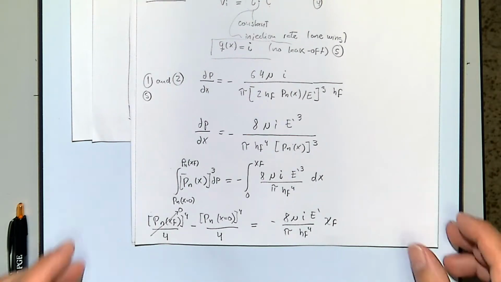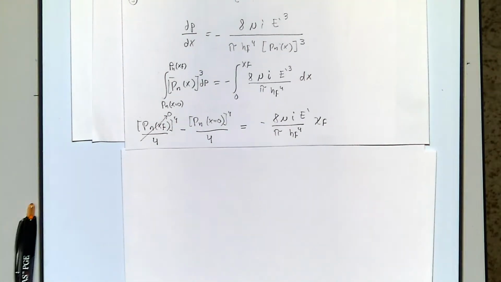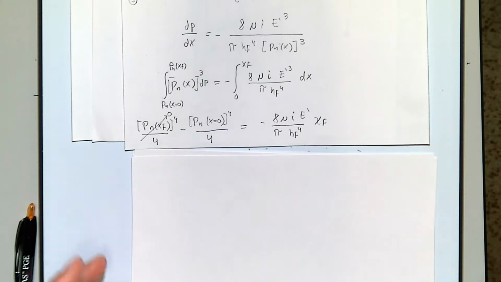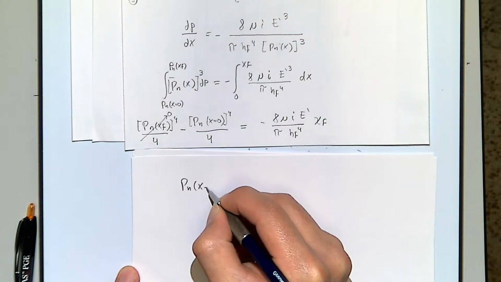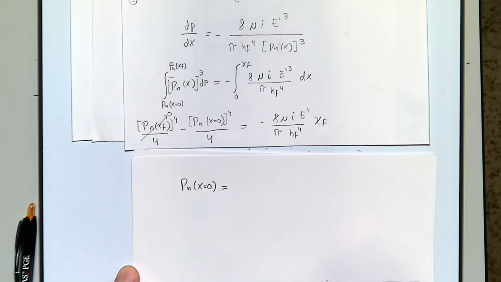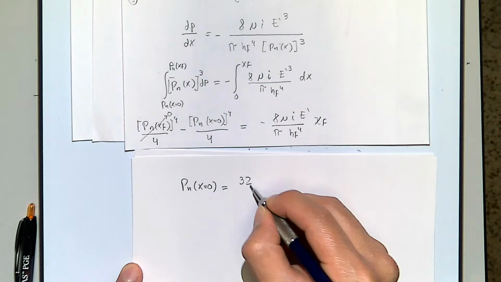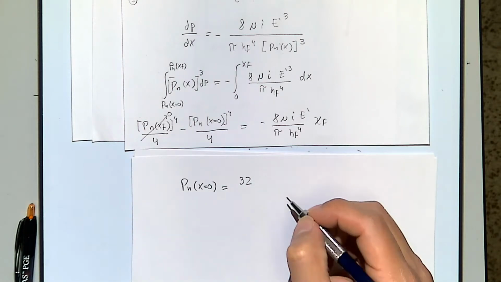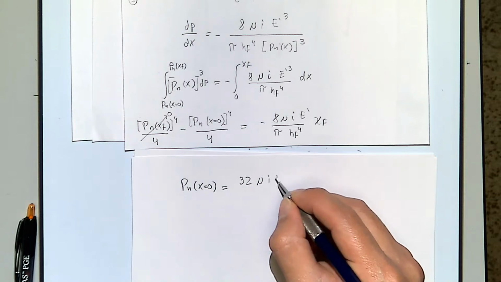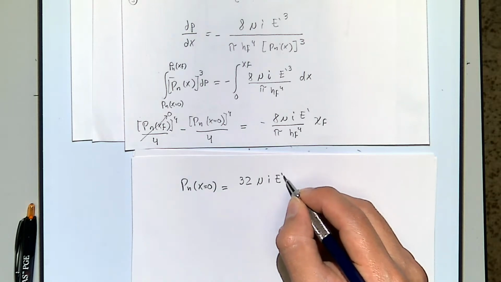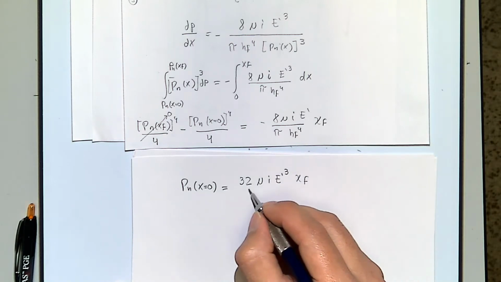All right? So notice that now we have an equation of the net pressure at the wellbore as a function of injection rate and length. So this is going to be mu I, constraint modulus, xf.